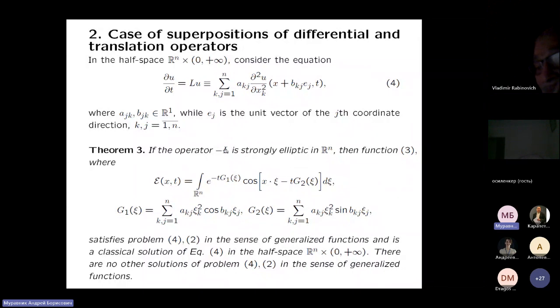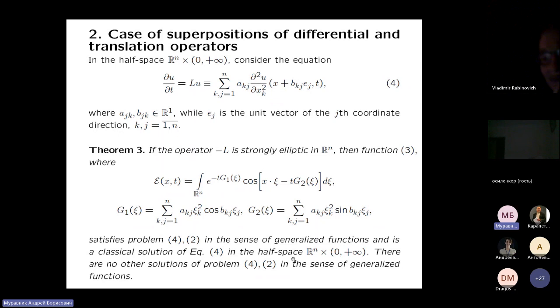And if this condition is satisfied, then function 3, let me remind you that this is the convolution of the kernel E calligraphic and the initial value function, satisfies the Cauchy problem for equation 4 in the sense of generalized functions or distributions, if you like, and is a classical solution of equation 4 in this half space.